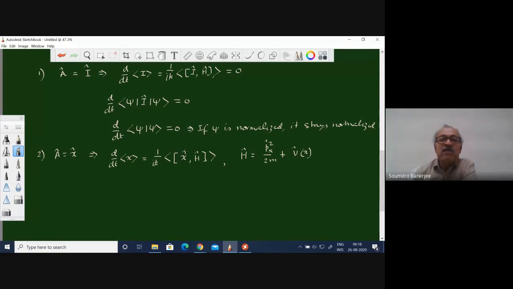Effectively, then we have to figure out this x square.